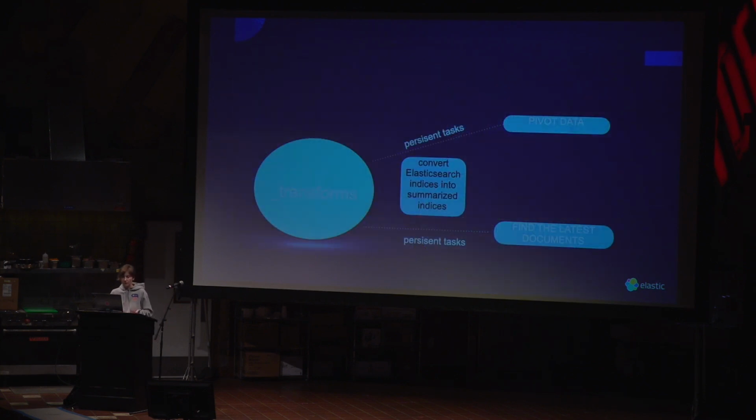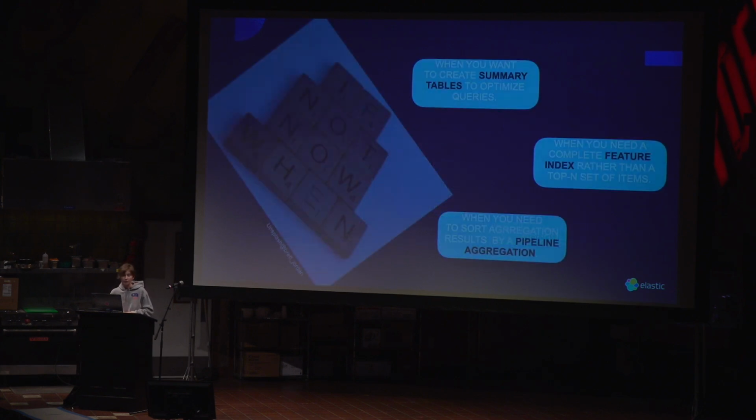So what are transforms doing? You can use transforms to pivot the data into entity-centric indices that summarize the behavior of users or sessions or other entities in the data. Or we can use transforms to find the latest document among all the documents that have a certain unique key. So when can we use these transforms?